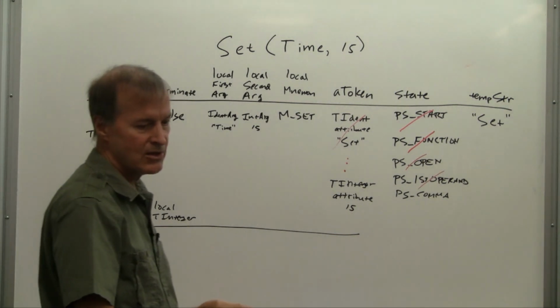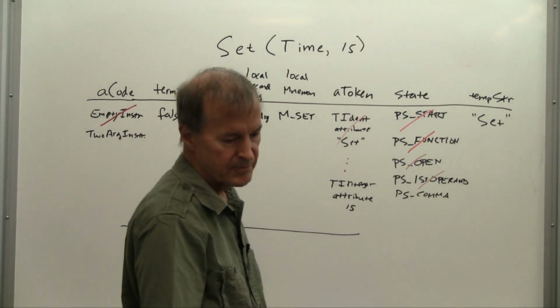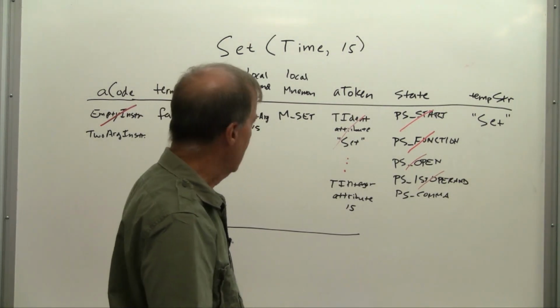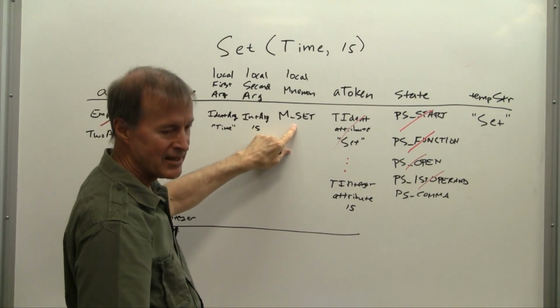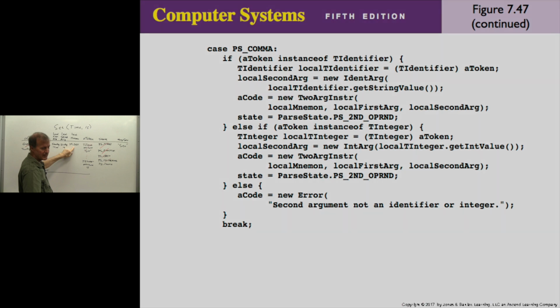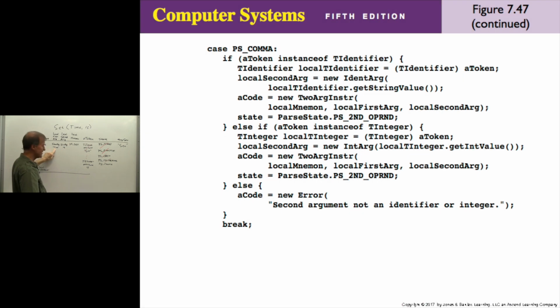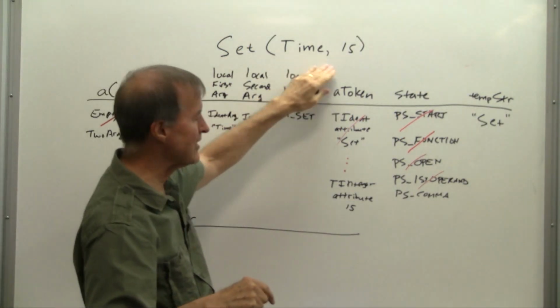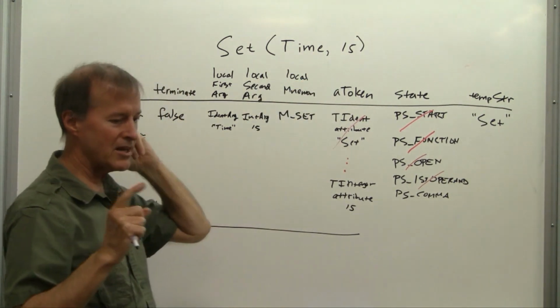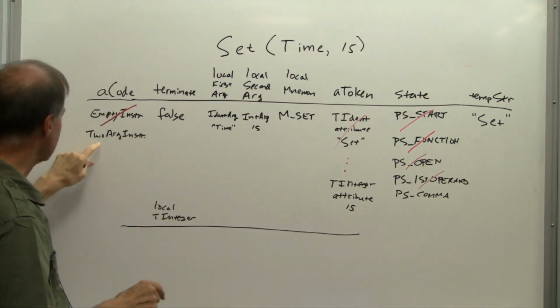What are we giving the constructor? We're giving it the local mnemon, which is mset. We're giving it the first arg, which is this ident arg with time. And we're giving it the second arg, which is this. So we are creating this code object with all the attributes that we have collected as we scan. We have created that, okay? And so now this is a 2arg instruction.